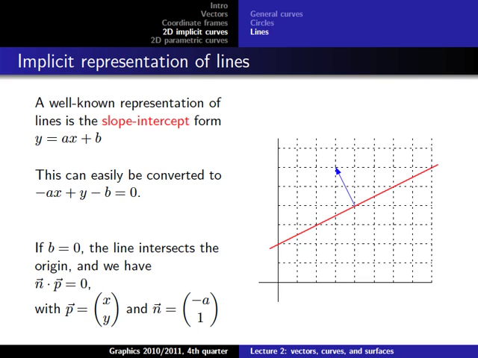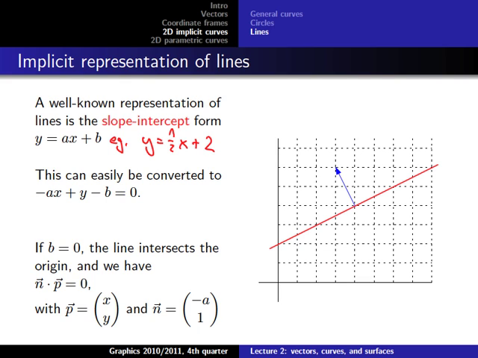Good. All right, so these are circles, but of course we have other objects. So, for example, we also have lines. We want to do an implicit representation of a line. Now, probably the most common form of a line representation in a coordinate system is the so-called slope-intercept form, where we have a line defined as y is a times x plus b, which basically means if we have, for example, on the right side, y is 1/2 x plus 2.